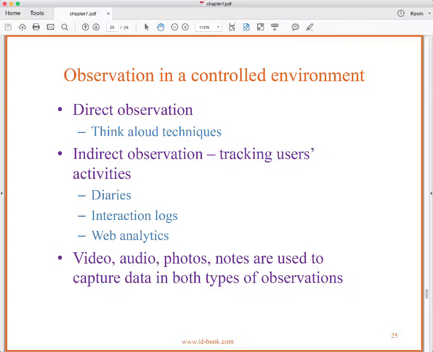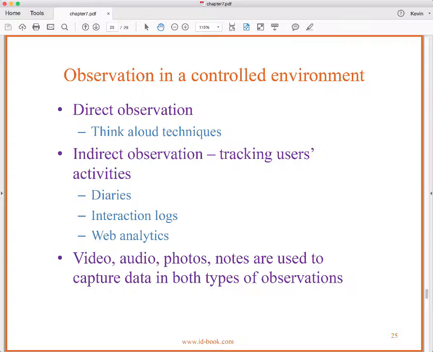One thing that can have a lot of payback is this think aloud technique that they talk about in the chapter. It's where we encourage the subject to interact with our product, whatever that is, and while they're doing it, to think aloud, to give us a narrative of what they're doing and what they're thinking.